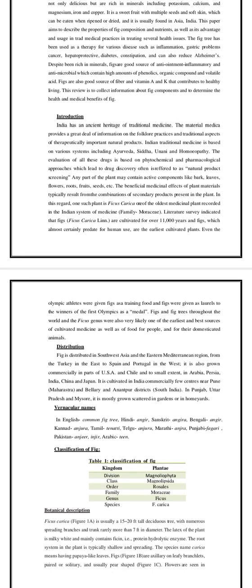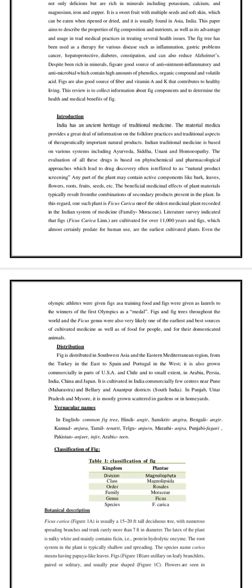Now let's discuss its introduction. India has an ancient heritage of traditional medicine. The materia medica provides a great deal of information on the folklore practices and traditional aspects of therapeutically important natural products. Indian traditional medicine is based on various systems including Ayurveda, Siddha, Unani and homeopathy.